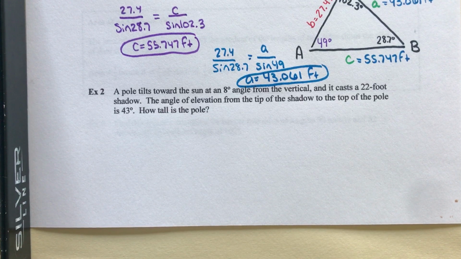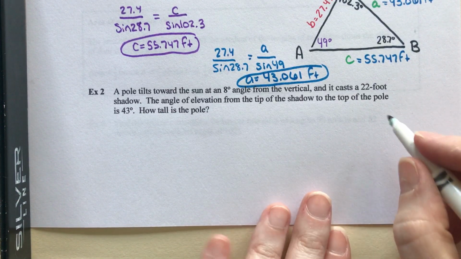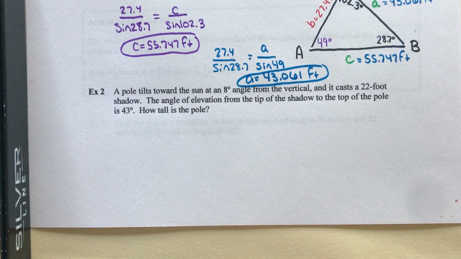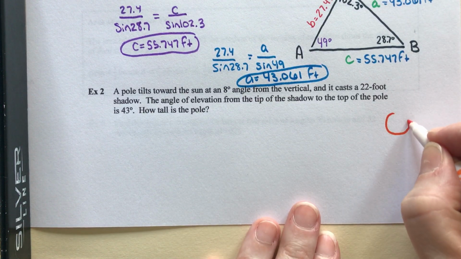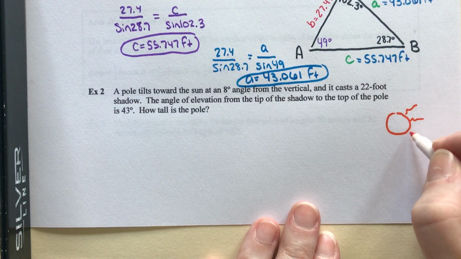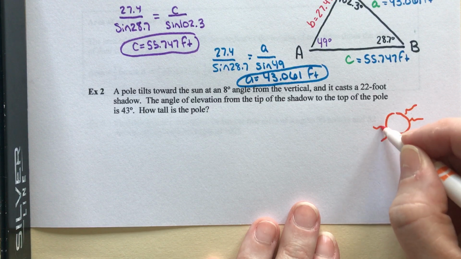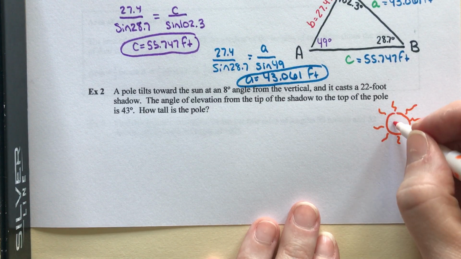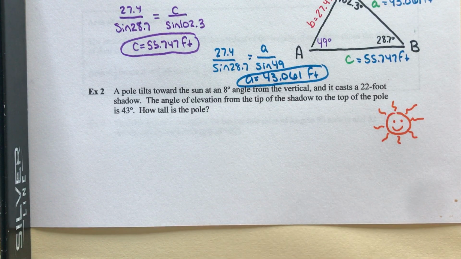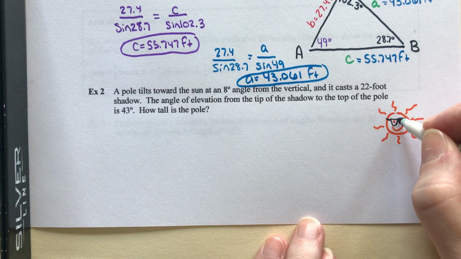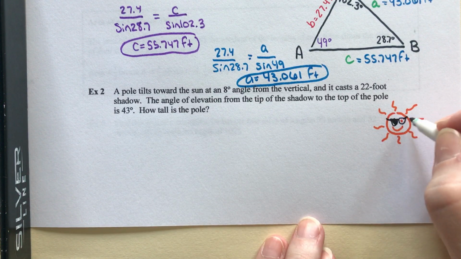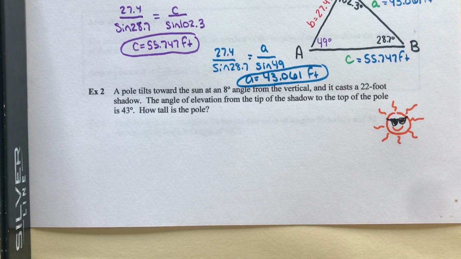So let's see, a pole tilts toward the sun. So I'm gonna draw the sun. I don't have yellow, but I guess I'll use orange. Here we go, we got the sun.